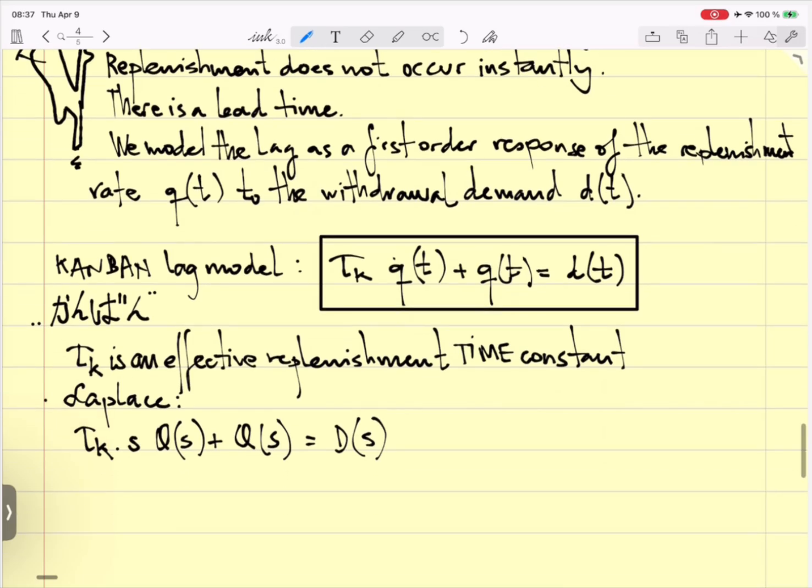So Q of s divided by d of s equals 1 divided by tau sub k s plus 1.